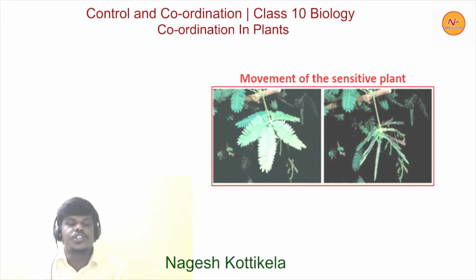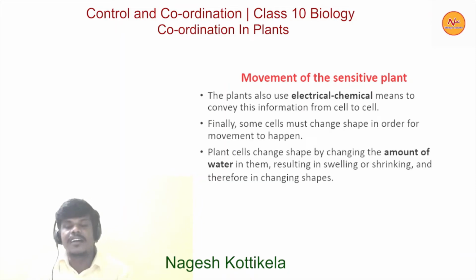So this is how the movement can occur, and this movement of the sensitive plant is not at all related to growth, and this is because of the external stimulus.